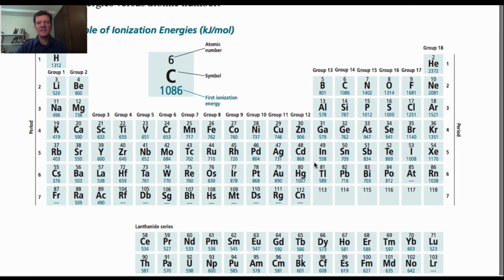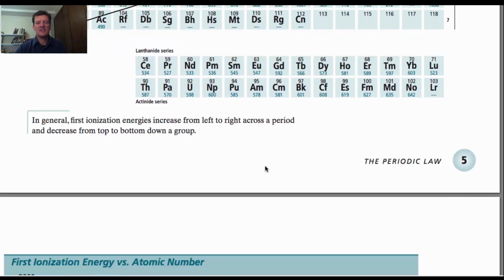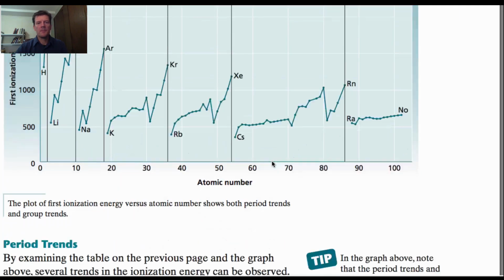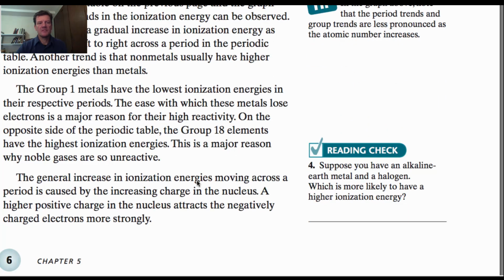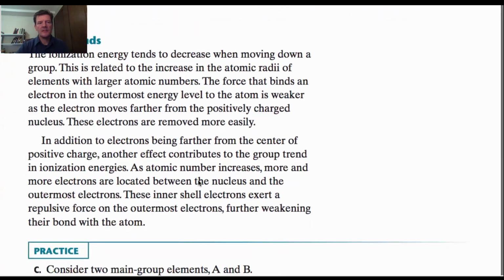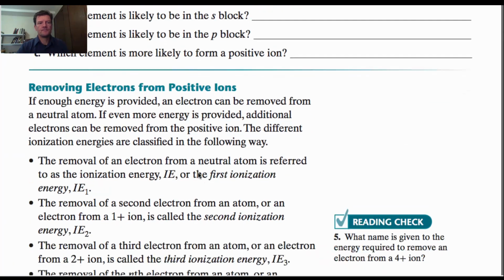So for ionization energy, we often draw an arrow, again this way, but it's increasing. Ionization energy gets bigger. And this is a chart that just shows that. You don't need to know that. Okay?